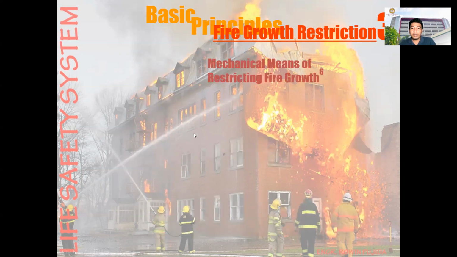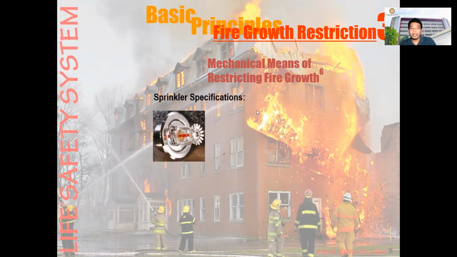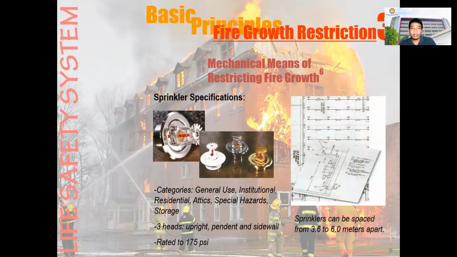Okay, so next is mechanical means of restricting fire growth. We have also the sprinkler specification. This is, I think, the upright and pendant sprinkler head. For the categories, you have general use, institutional, residential, attic, and special hazard storage.